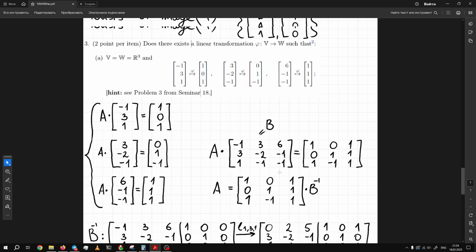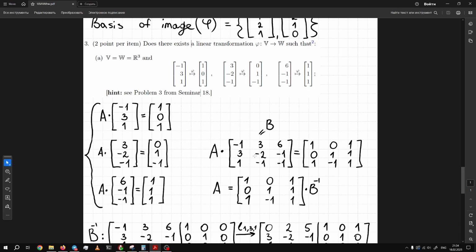If we put it in every case, or exactly in this, because this is not a whole matrix, then we will get this one. And as you can see, A is of size 3 by 3, and this is 3 by 3, and this is 3 by 3.